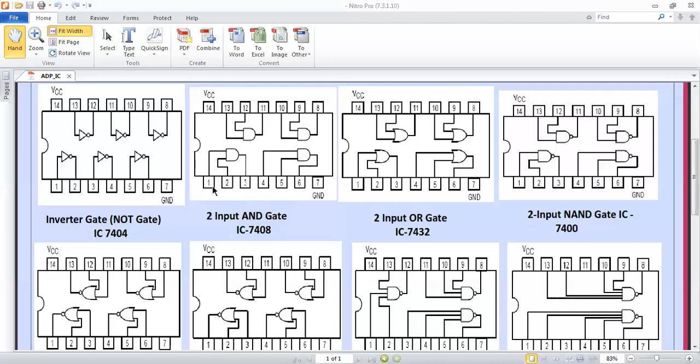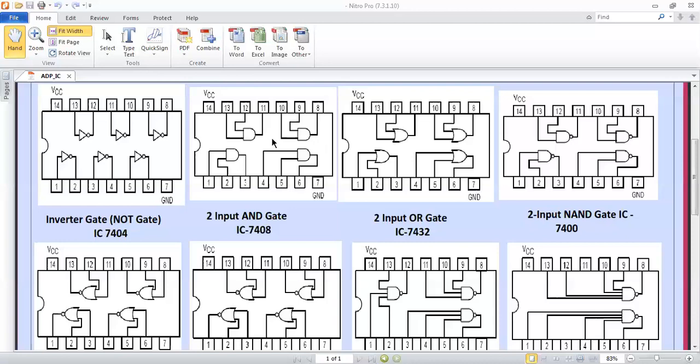So there are 14 pins in total. The first and second pins both work as input pins. Then the output is taken from the third pin. In the same way, 4 and 5 are input pins and 6 is the output pin. 9 and 10 are input pins and 8 is the output pin. 12 and 13 are input pins and 11 is the output pin. Pin 7 is ground and pin 14 is plus 5 volt. To activate the IC we need to provide 0 voltage and plus 5 volt.